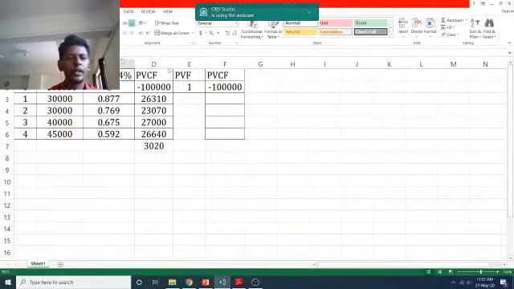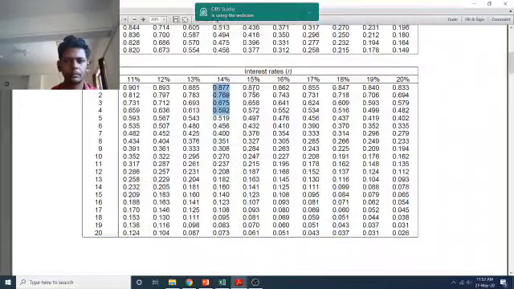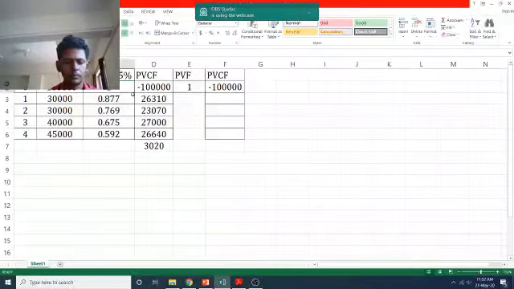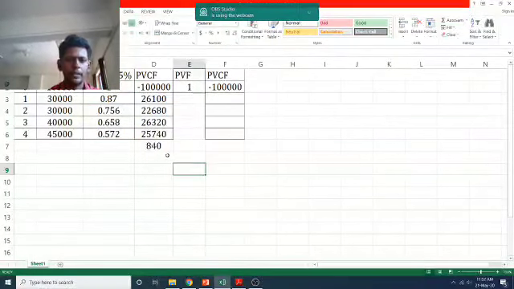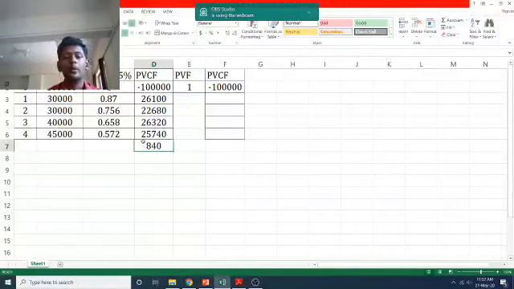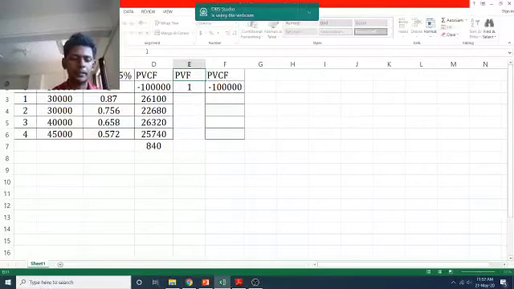I'll try it out with 15%. Yes. Now it has come to 3 digits, right? I feel we are somewhere close. Now we'll take 16%.